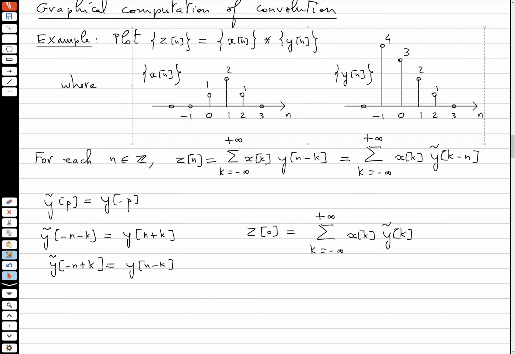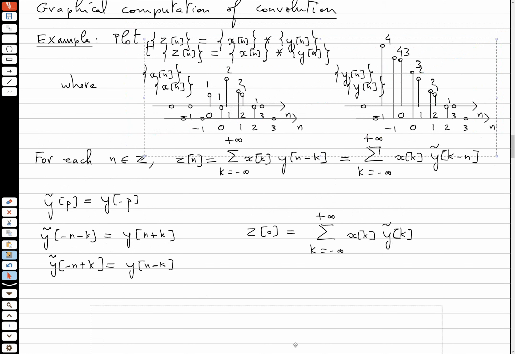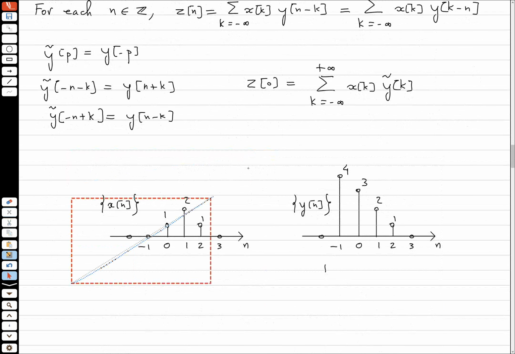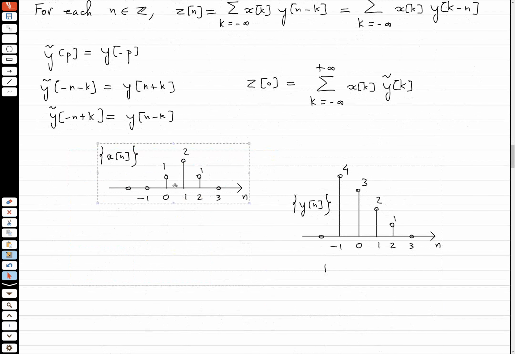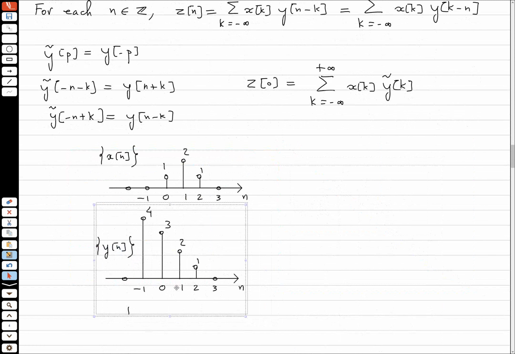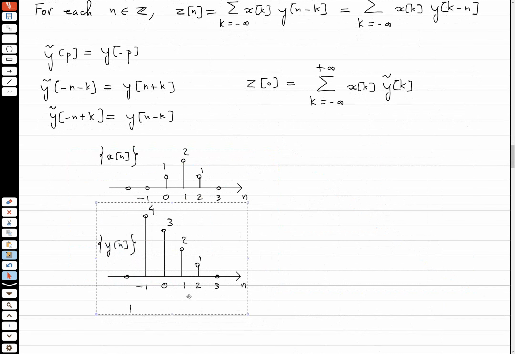So I'm going to replot them. I'm just going to change the, you know, n is a dummy variable. You can choose any name you want, provided that you are consistent with your name.